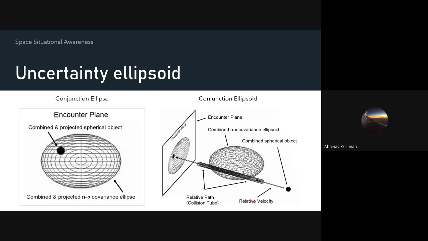This is an important term when you're considering fragmentation events or collisions in space. If there is high relative velocity, you would see more fragmentation particles in space, like 2500, 3000, 4000, even 10,000 particles coming out of the collision. This is an interesting concept because this defines whether the object is actually under threat or not.